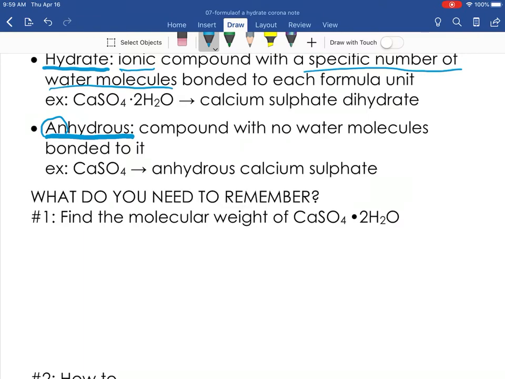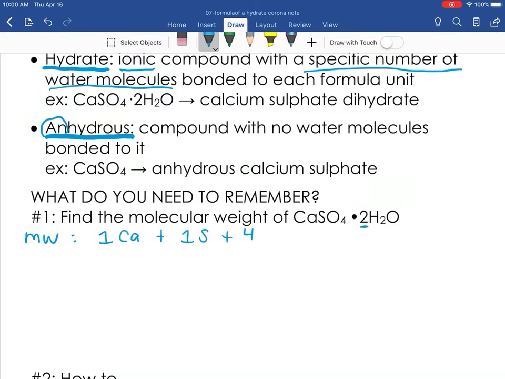Okay, so what do we need to remember? When you're finding the molecular weight of a hydrate, you want to add in the two waters here. Depending on how much work you've done, you're probably used to doing molar mass. It's like the first step, right?